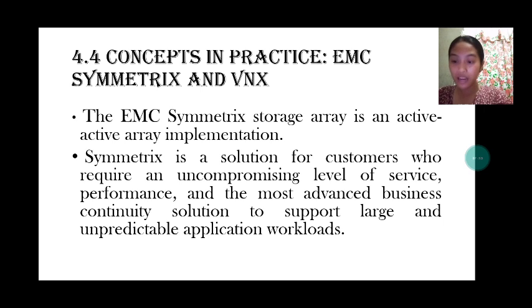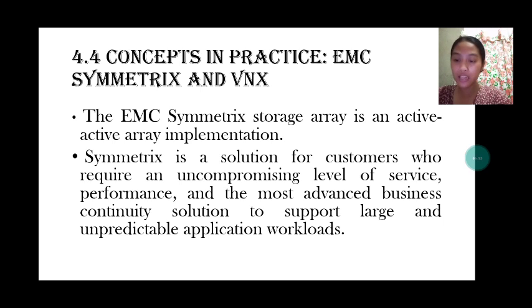The EMC VNX storage array is an active-passive array implementation. So EMC Symmetrix and VNX are different. When we say EMC Symmetrix, this is an active-active array just like the high-end, and the VNX is like the mid-range storage system, which is active-passive. It is EMC's mid-range storage offering that delivers enterprise quality features and functionalities.